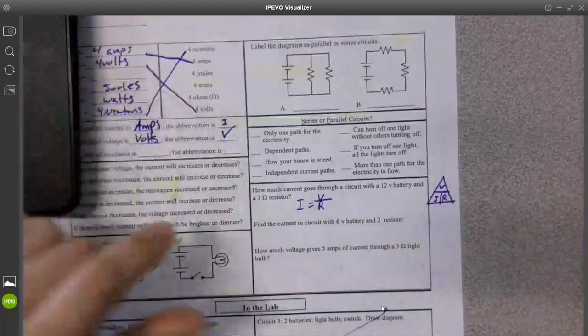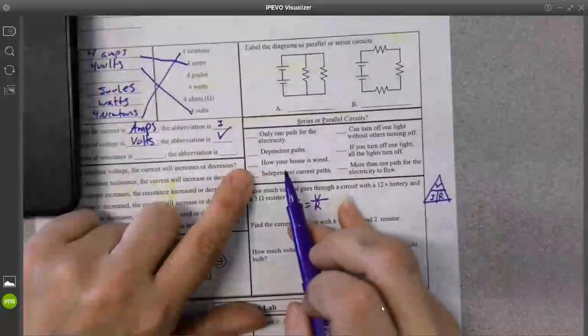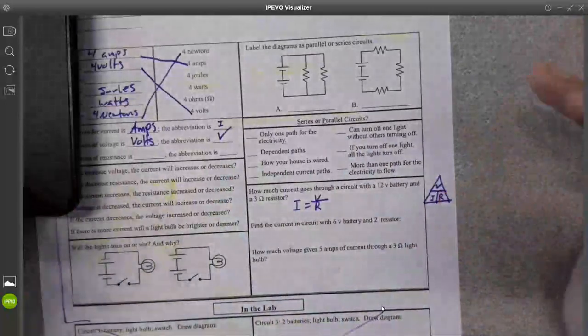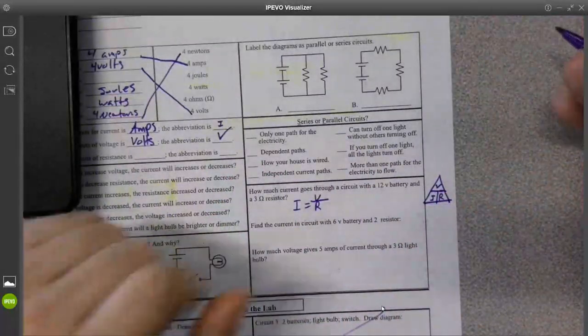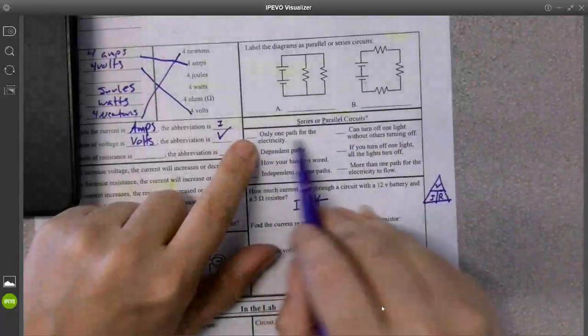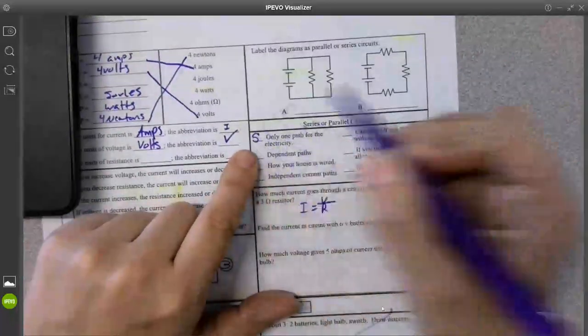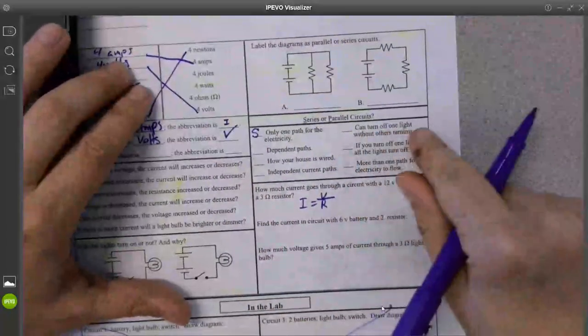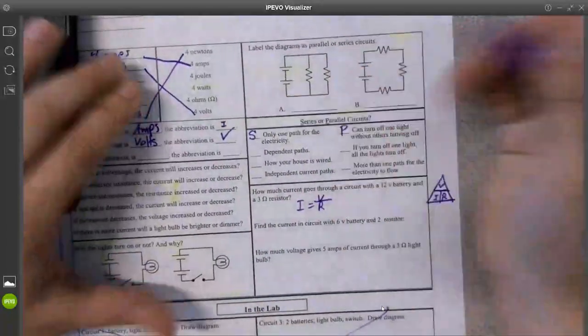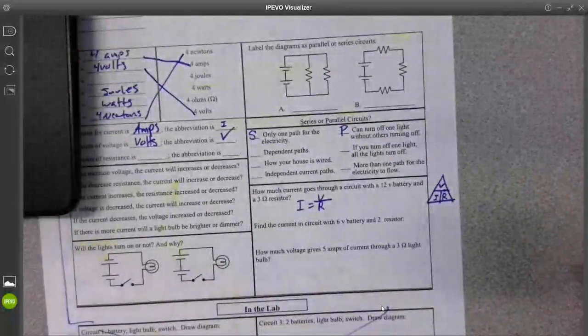And that should help you out. This last box right here, you are simply determining, is this characteristic seen in series or is it seen in parallel? So only one path for electricity, that's identifying a series. Can turn off one light without turning off others. That's an example of parallel.